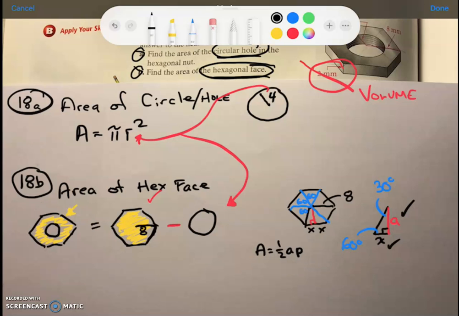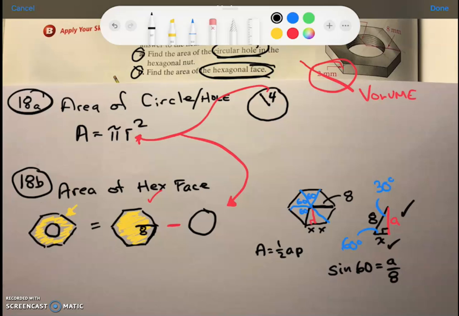To solve for the apothem here, you got to recognize the fact that this is 8. That's the radius there, so I'll put an 8 in that picture there. You could stand at 60 degrees and then say sine of 60 is the apothem opposite over hypotenuse 8. Go to the calculator, figure out what that is. And then you also want to figure out what x is.